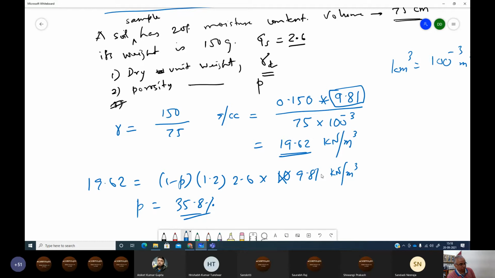You understand what I'm saying? The 1000 kg becomes 9.81 kilonewton if the g is 9.81. Okay. It's a kilonewton. You can see this. This is 10 power.